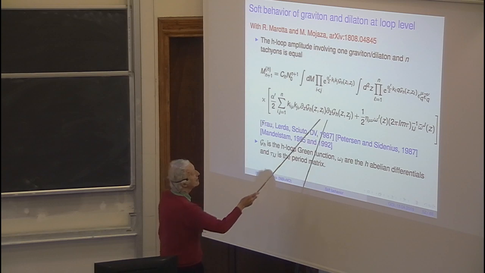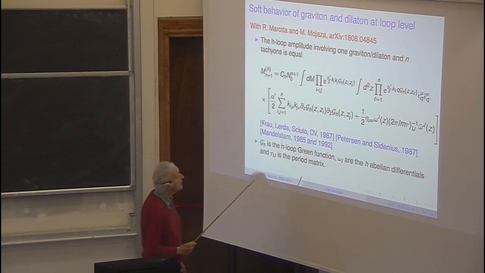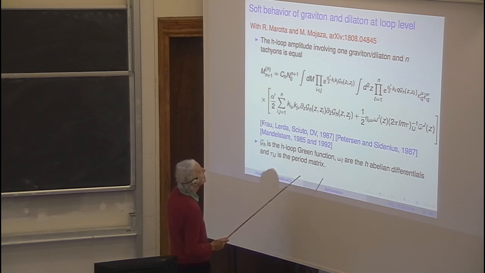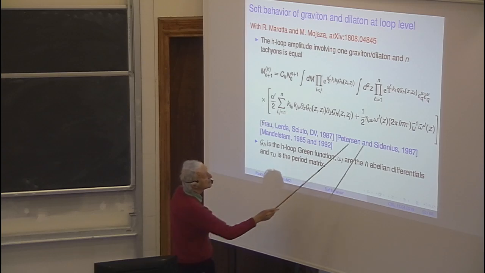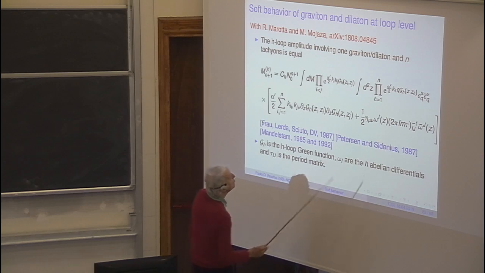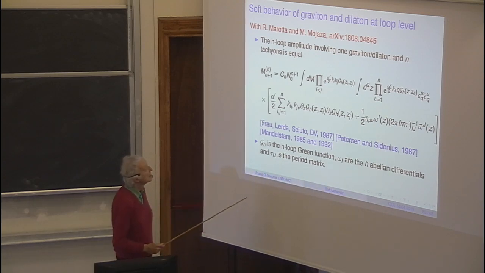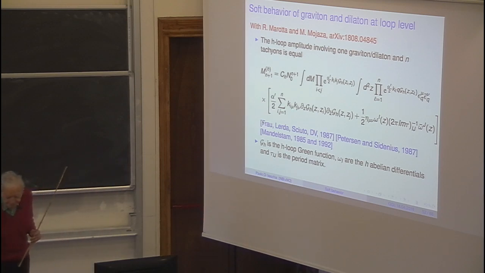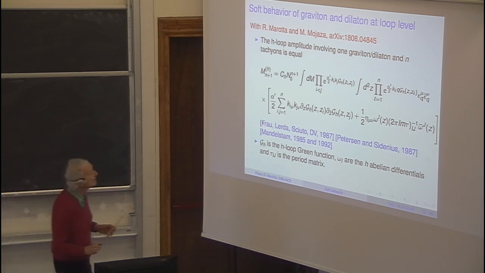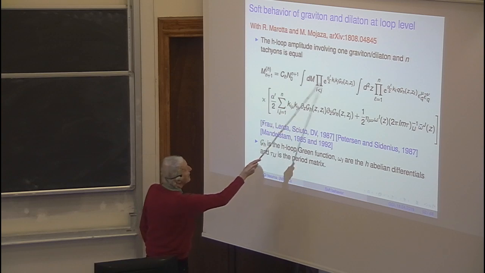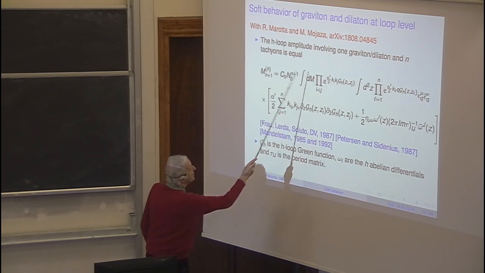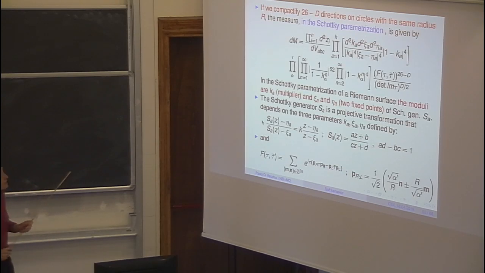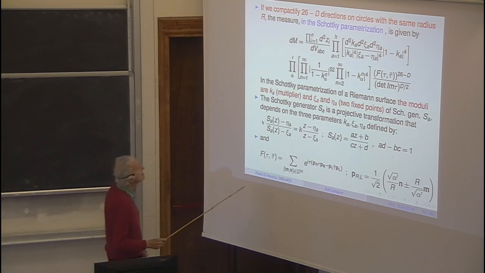And you get the H-loop Green's function, and then you get abelian differentials and period matrices. Then you have here the integral over the other Koba-Nielsen variables and the moduli. And this measure is quite explicit.